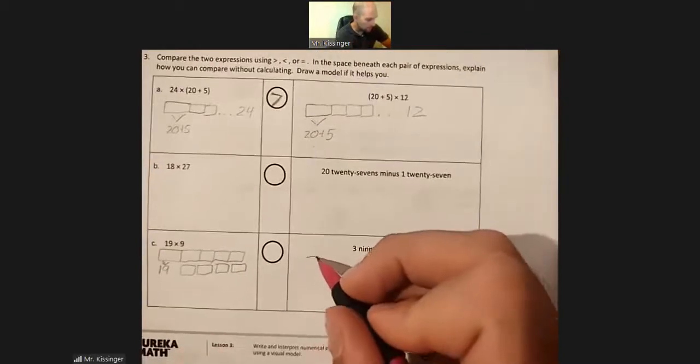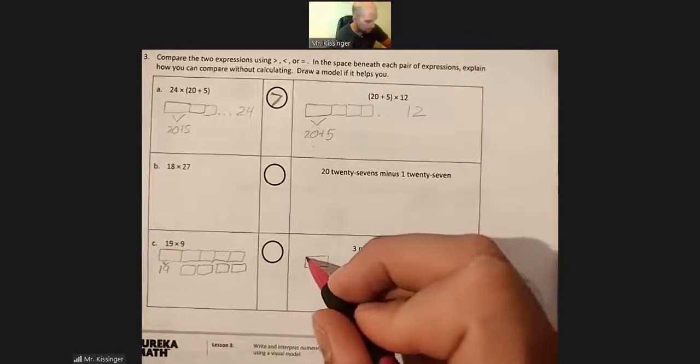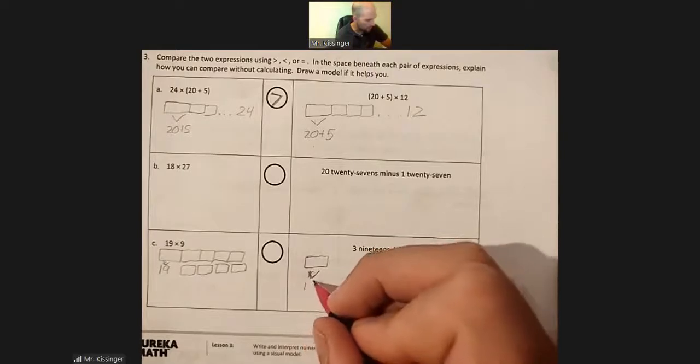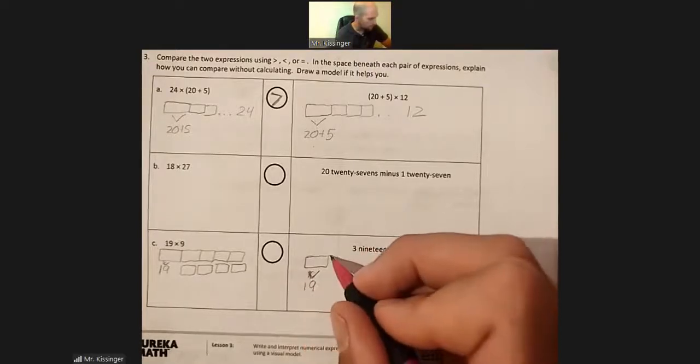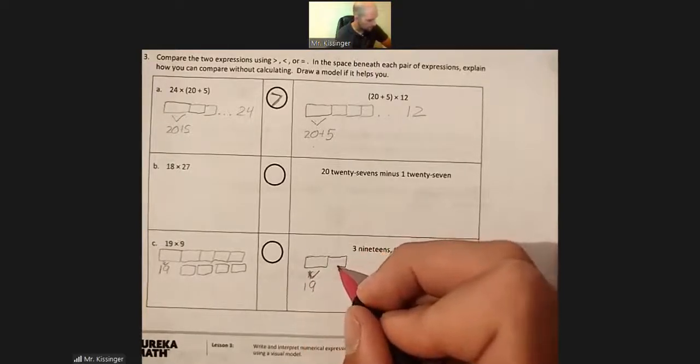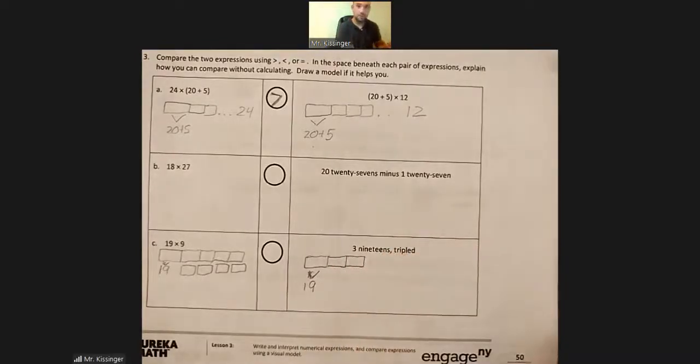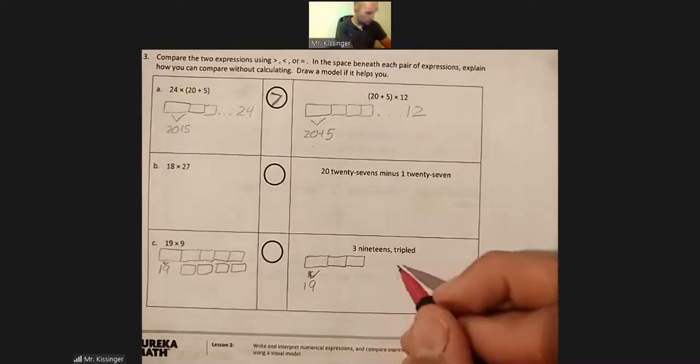So let's make another box for 19 here. Excuse me, my artwork isn't the best. So we have 3 19s. And then we need to triple it.